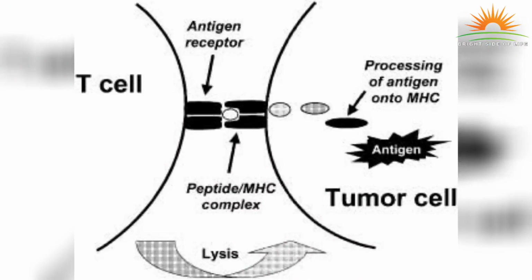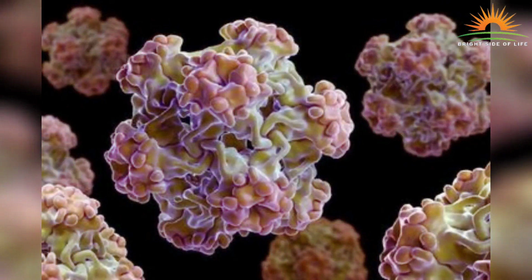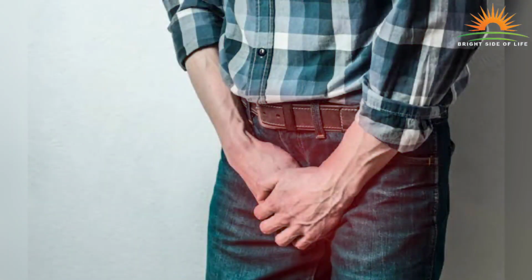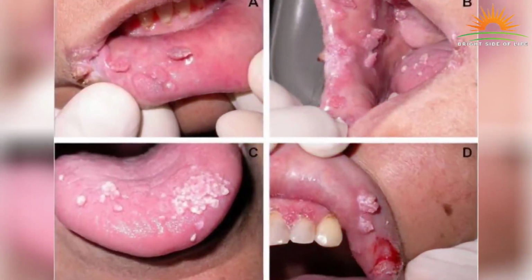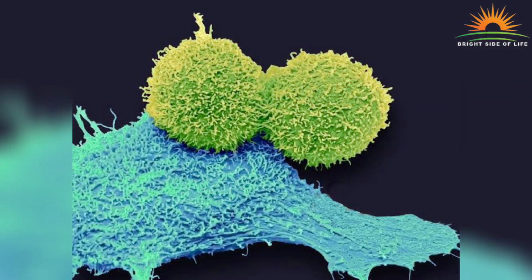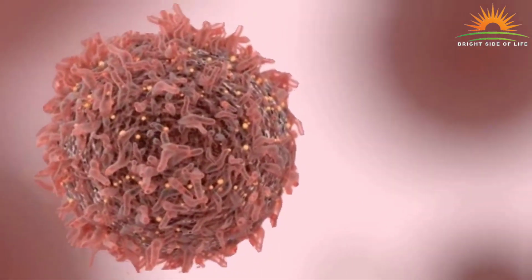Tumor antigens come from a variety of places. Some are derived from oncogenic viruses like the human papillomavirus, which causes cancers of the cervix, vulva, vagina, penis, anus, mouth, and throat. Others are the organism's own proteins, which are present in low amounts in normal cells but are abundant in tumor cells.